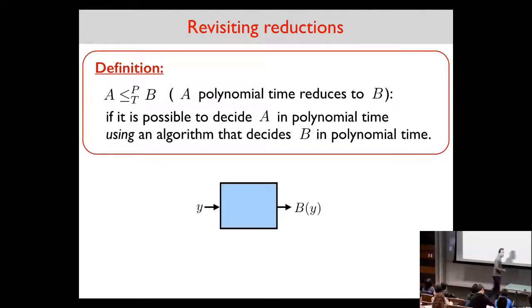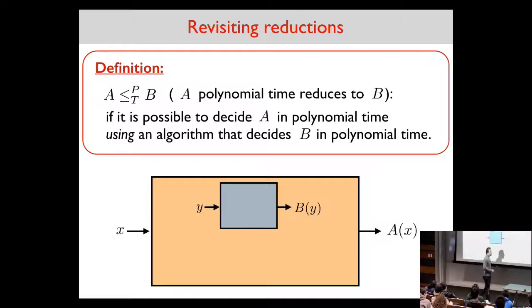In other words, if you were to give me a polynomial time algorithm for B, this box that solves B correctly in polynomial time, then I could come up with an algorithm that solves A in polynomial time, and it's going to make use of this subroutine when doing so. And it can call this subroutine multiple times if it wants to. It's not restricted to calling this algorithm just once. You can call it multiple times too.